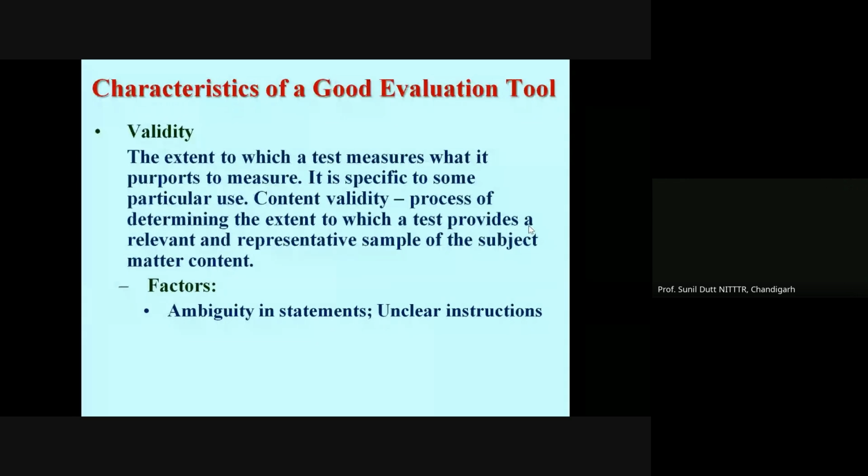Now the student comes to you, sir, you have not asked for any sketch. The teacher says, it is implied that you have to explain with a sketch. No, no, no. You have to give clear instructions. You can say, explain with a neat sketch the working of the carburetor of a 4-stroke IC engine or 2-stroke IC engine, right? So if the directions are not clear and statements are ambiguous, it will definitely influence the validity of your results.